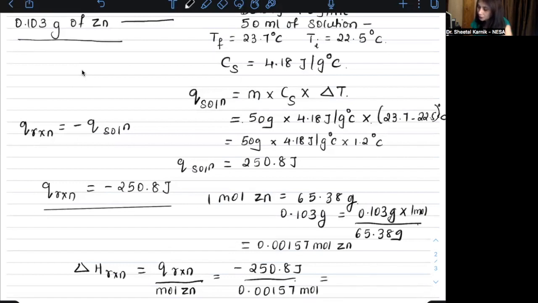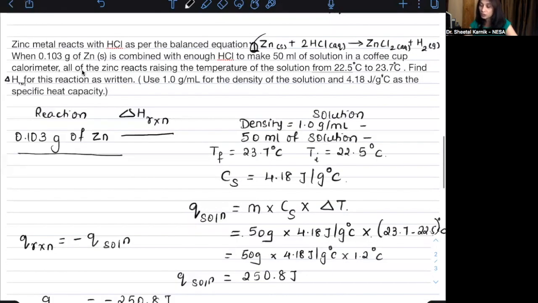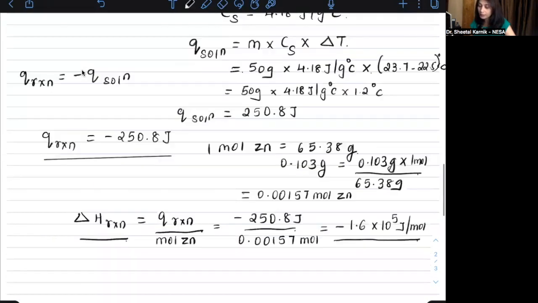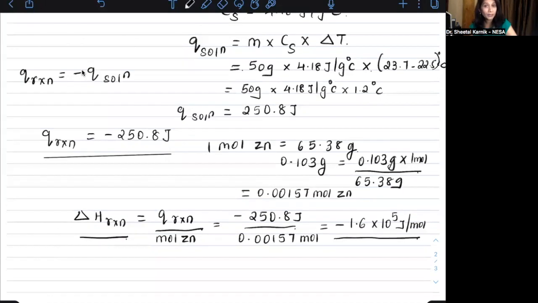And my answer comes to negative 1.6 times 10 to the 5th joules per mole. This is the delta H of this particular reaction that I'm looking at. And as you can see, since the quantity is negative, this reaction is an exothermic reaction.